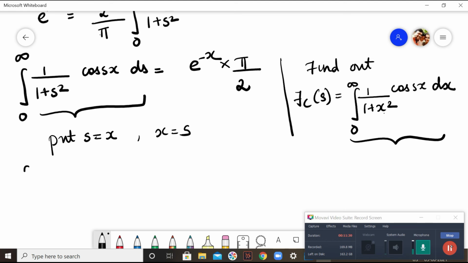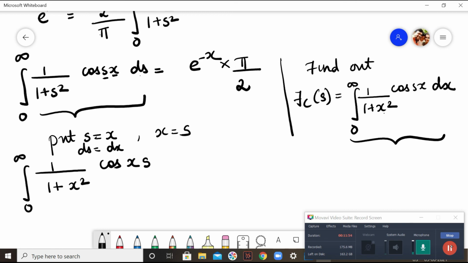Okay, so this becomes integral 0 to infinity 1 by 1 plus, I have s here, so x square cos, instead of this s, I put x and instead of this x, I put s. Okay, I have a ds here, so when I differentiate s, it becomes dx. So it becomes dx. Okay, likewise equal to, instead of x what should I put? I should put s. So e to the power minus s into pi by 2.